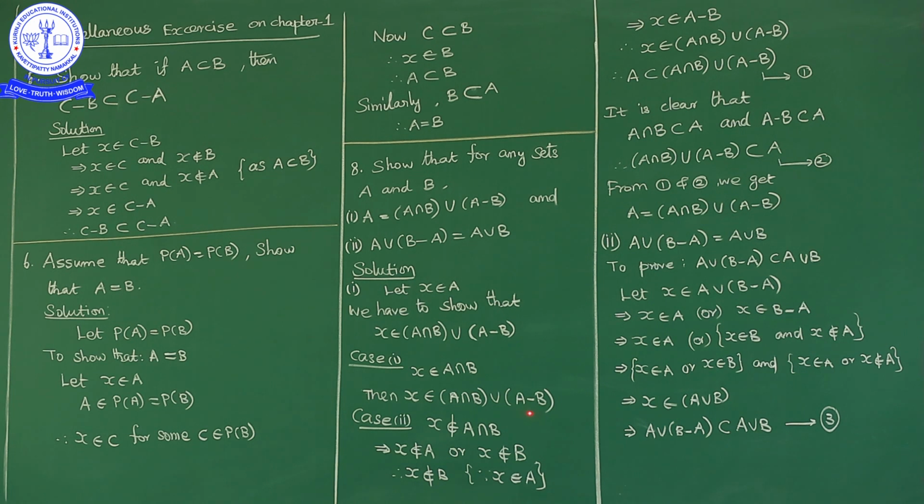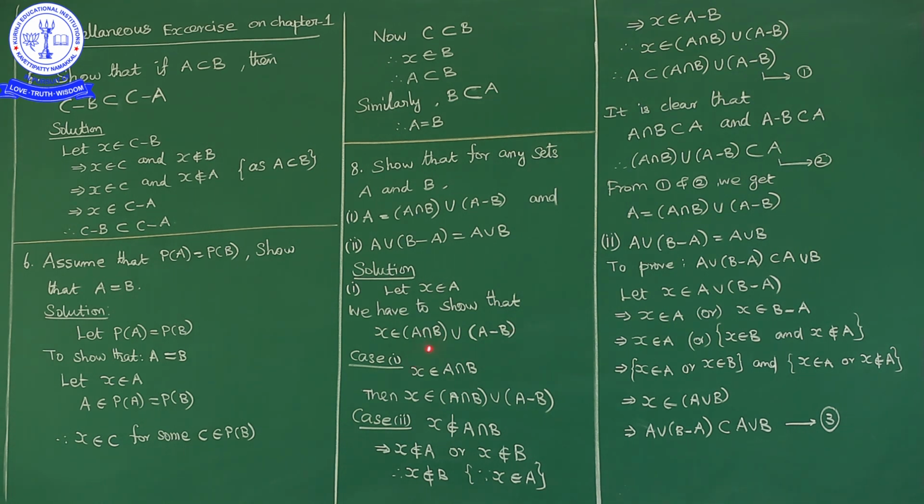Union means if an element lies in this set or this set, obviously the element lies in the union. Intersection means if an element lies in this set as well as in this set, in both the sets, then the element lies in the intersection. So x belongs to A intersection B, obviously x belongs to A intersection B union A minus B also. This is one case. Suppose x is not lying in A intersection B.